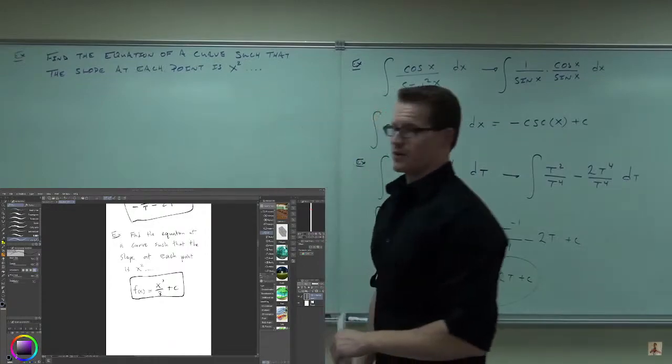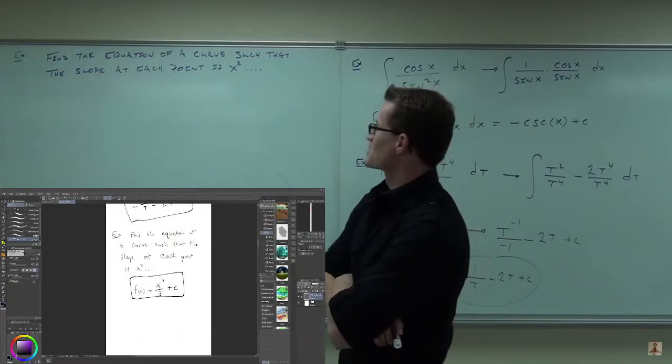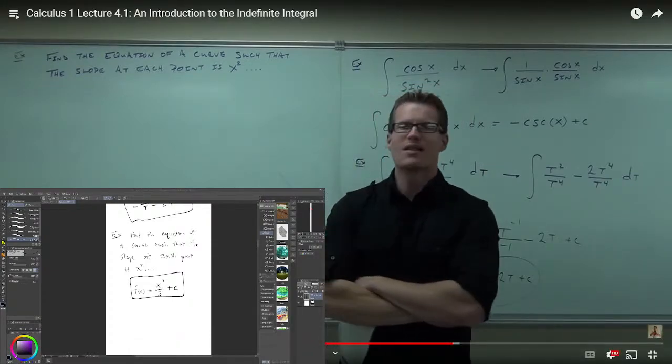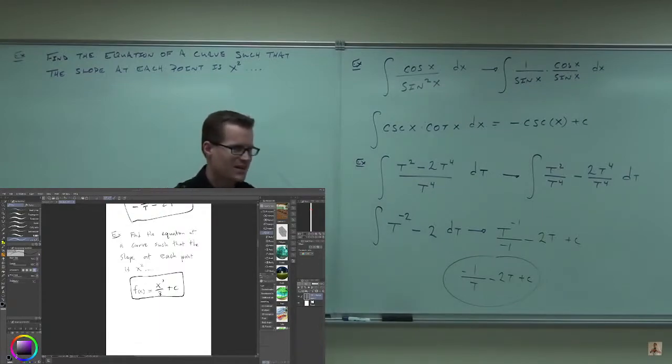Find the equation of a curve such that the slope at each point is x squared. Let's think about what this means.